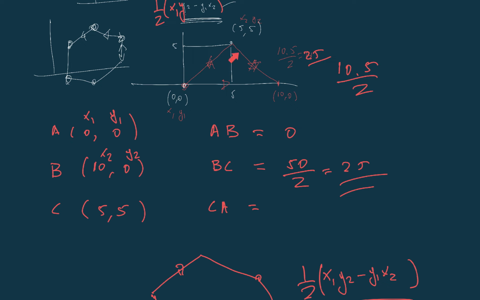The triangle is taken counterclockwise like this, and I did AB, BC, and CA. I did the calculation, but let's do it with your area.